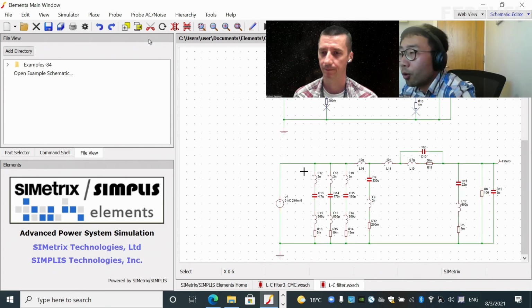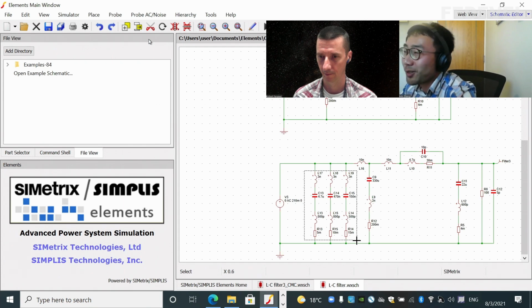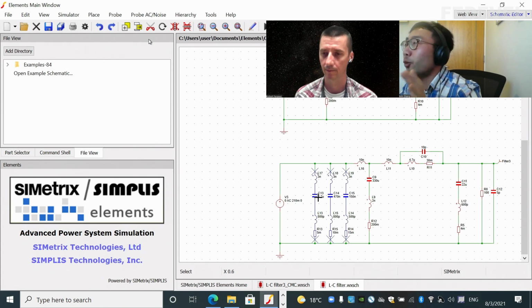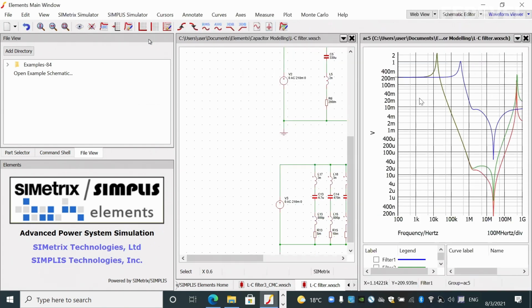So now, what we did just now is we effectively put 3 different values of capacitor next to the noise source, and we wanted to see the difference. If I run this simulation, as you can see, the blue one is a reference, which is not our filter configuration.